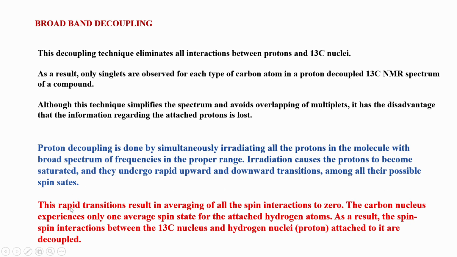Thus, the rapid transition results in averaging of all the spin interactions to zero. The carbon nucleus experiences only one average spin state for the attached hydrogen atoms. As a result, the spin-spin interaction between the carbon-13 nucleus and the hydrogen nuclei attached to it is decoupled. It is the process of broadband decoupling.